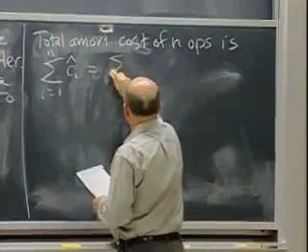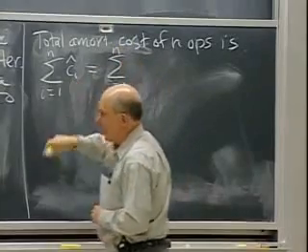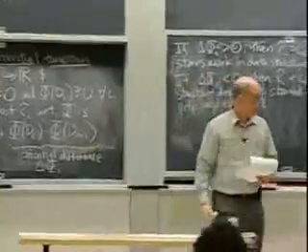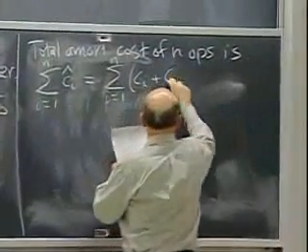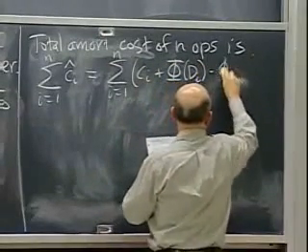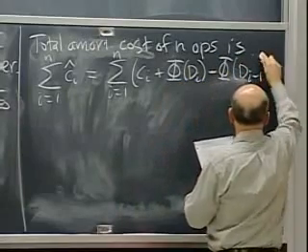And that's equal to, by substitution, just substitute ci hat for this formula. Okay? So that's ci plus phi of di minus phi of di minus 1.